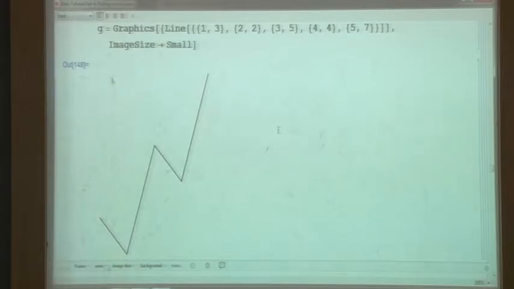So what I would like you guys to do now is create a square from point 0, 0 to point 0, 1, to point 1, 1, to point 1, 0, to point 0, 0. Get it? Using Line.